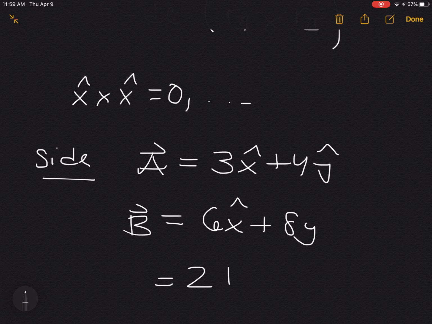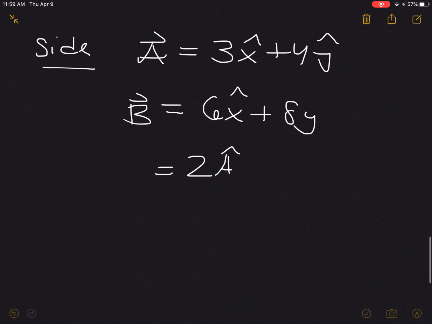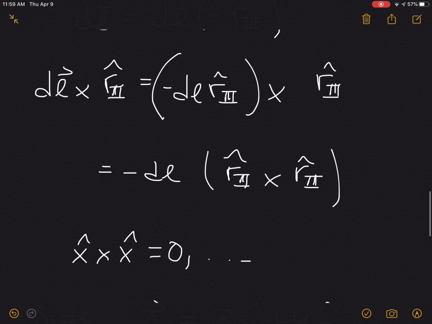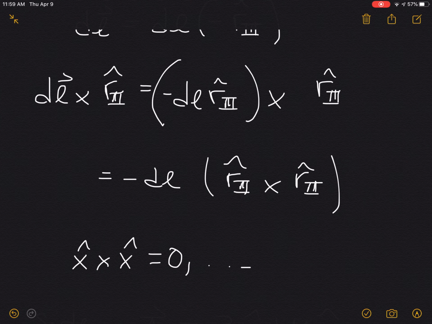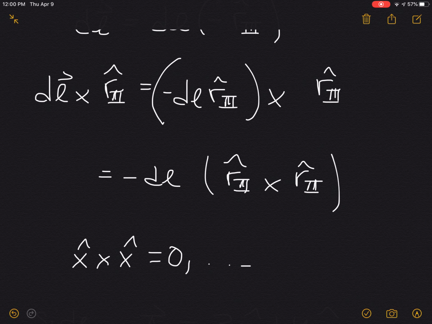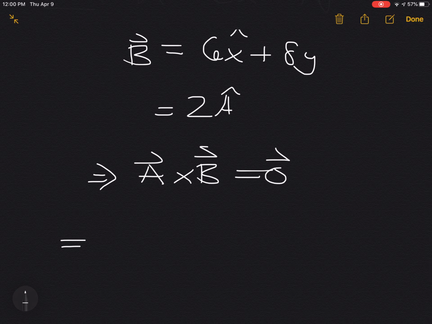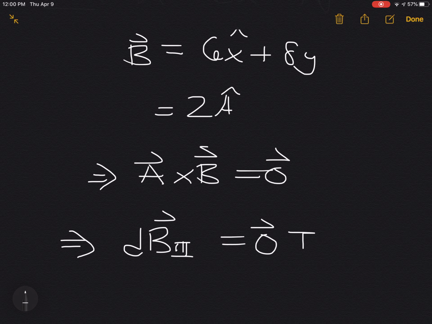It's 2 times A. And when you take the cross product of these, A cross B, you can check this for yourself, that's going to equal 0. As long as the vectors are proportional to each other by a constant, their cross products give 0. So what that ends up meaning is that the third contribution is also equal to 0 Tesla.